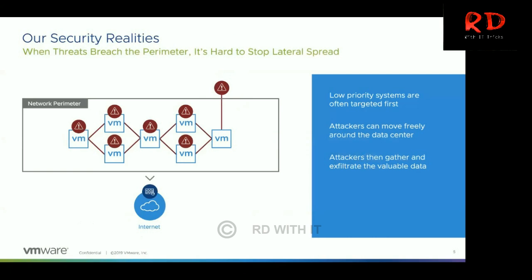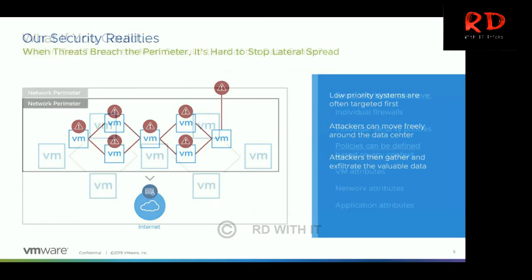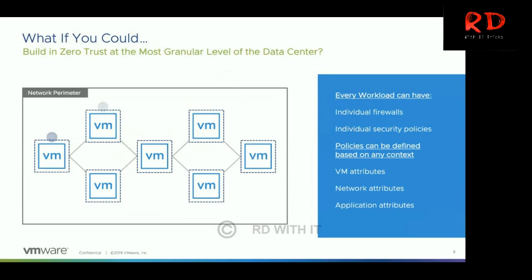Just to touch on the microsegmentation use case that will segue us into the IPS IDS, this is a story that's been around for a very long time, and I'm sure some of you have seen it already. Typically, a system which has perhaps not been patched ends up getting breached by a hacker, and then that malware essentially spreads throughout your data center. So how do we stop this?